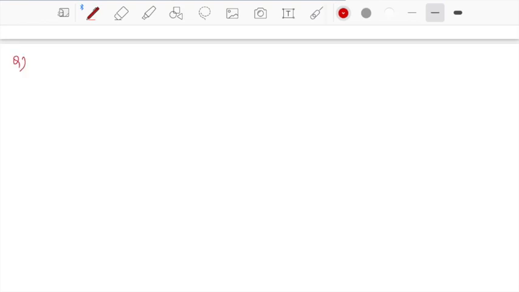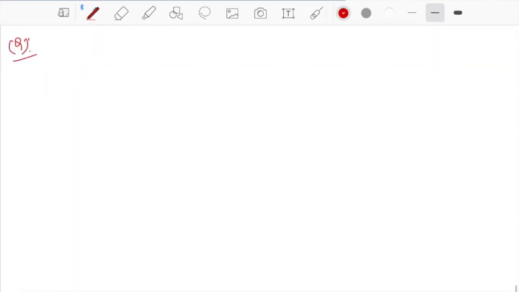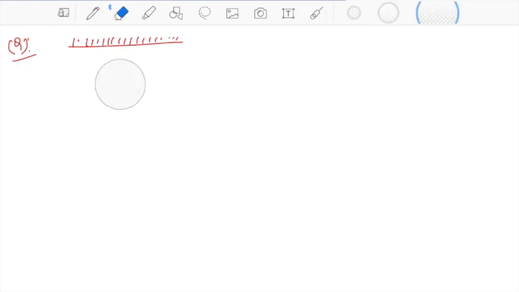There is a question which was already asked in JEE Mains, and the question is like this. Suppose there is a ceiling. With that ceiling, a wire is connected like this.